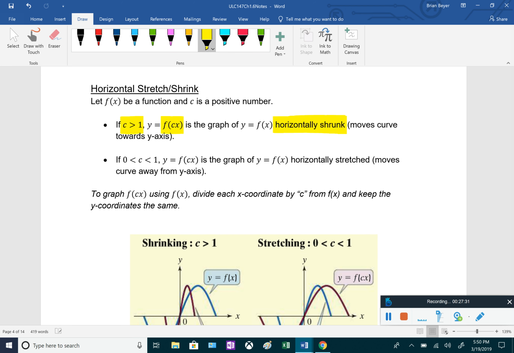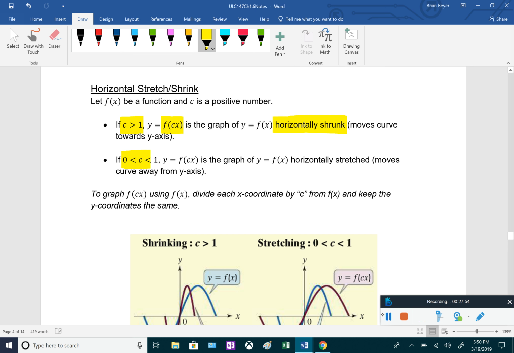So when it's horizontally shrunk, it gets pushed in horizontally. That means it moves towards the y-axis. So it's always opposite what you think with horizontal. For vertical, when c was greater than 1, it was a vertical stretch. When c is greater than 1 with the horizontal stretch or shrink, it's a horizontal shrink.